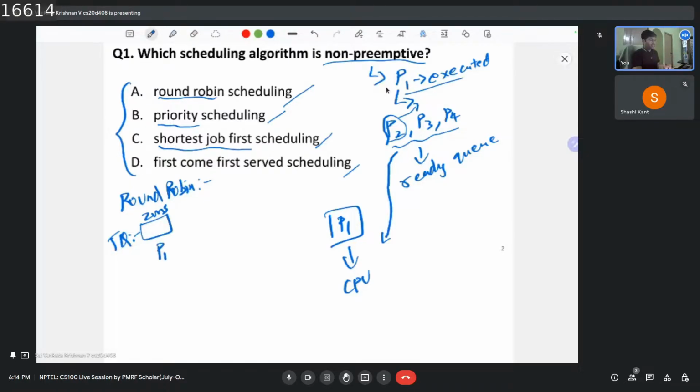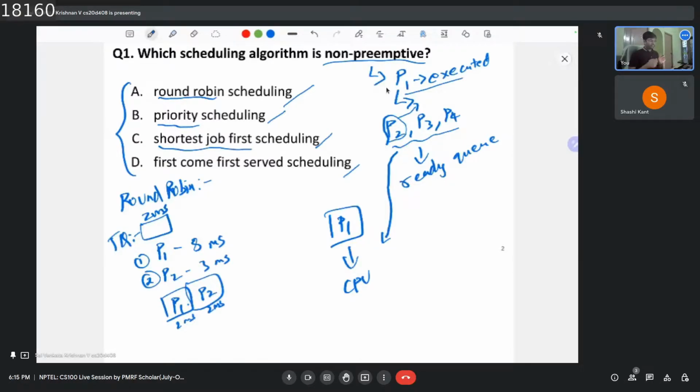Say P1 has a burst time of 8 milliseconds and P2 of 3 milliseconds, and P1 arrived first and P2 arrived second. Irrespective of priority or burst time, P1 will first execute for 2 milliseconds, that's the time quantum, and then P2 will execute for 2 milliseconds.